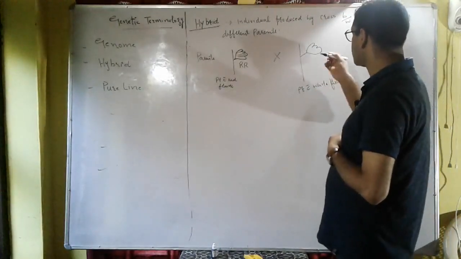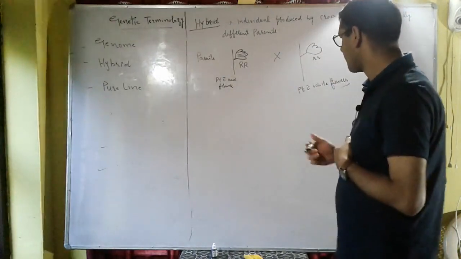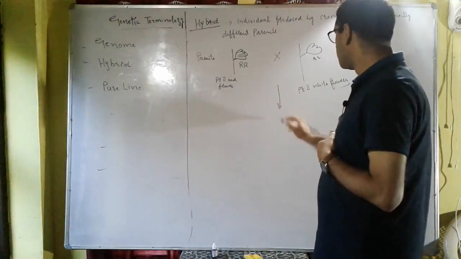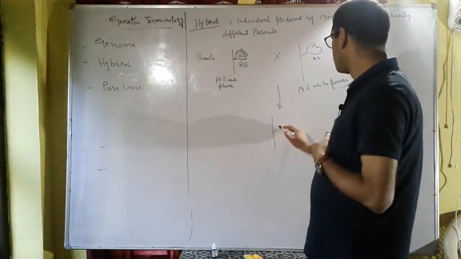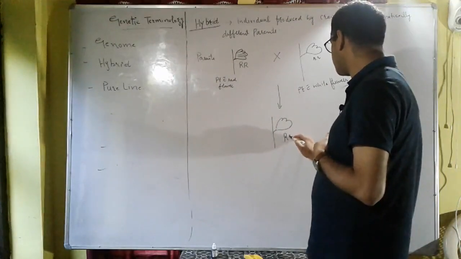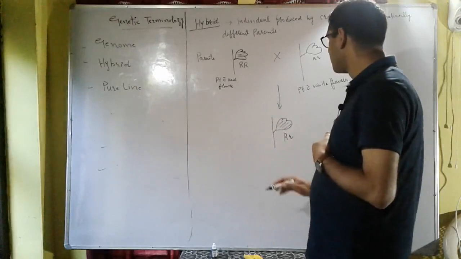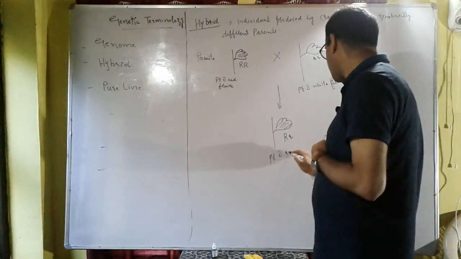Obviously, it is a recessive character. Then we will get hybrid. This is hybrid. So plant with red flowers.